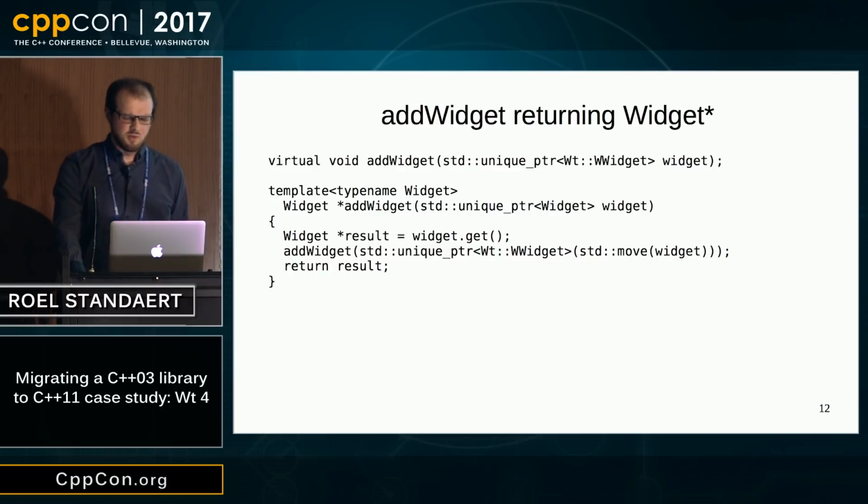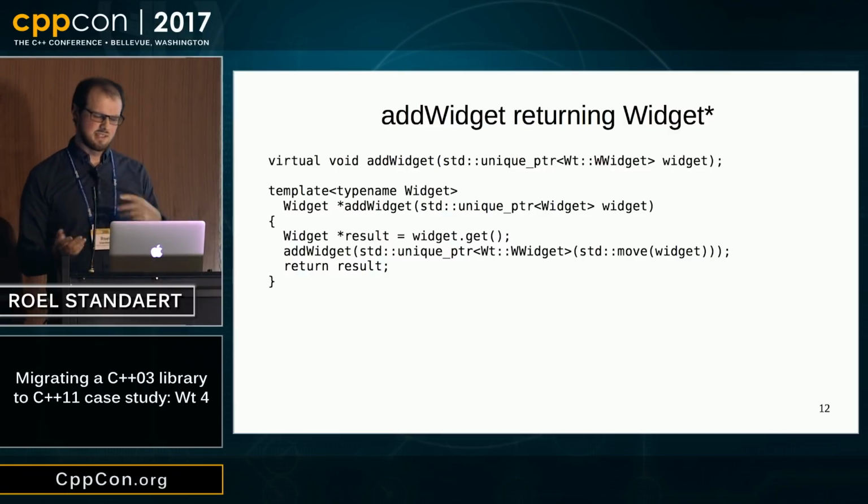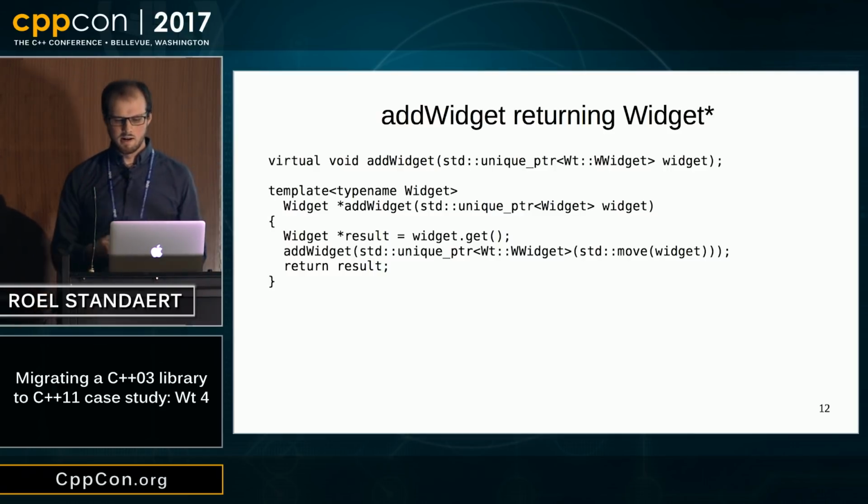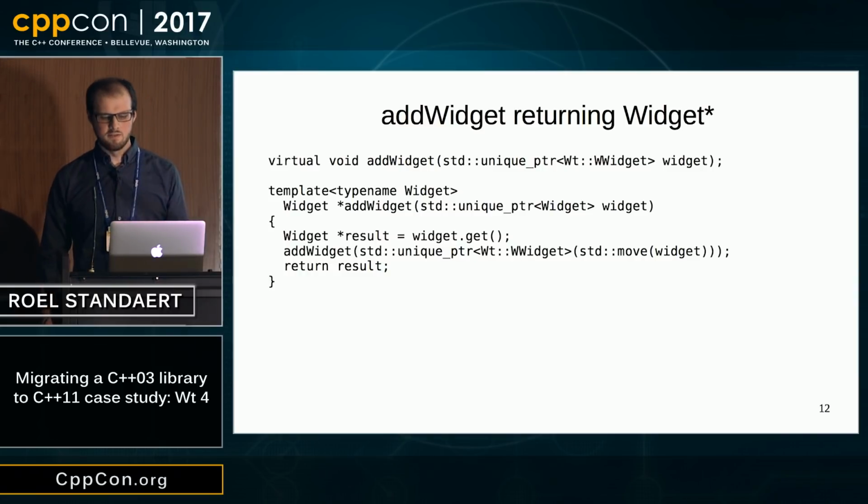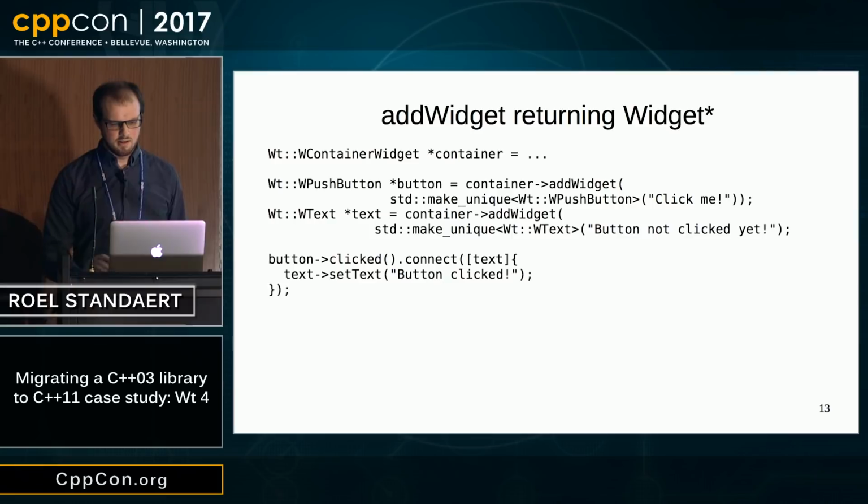Because it was quite a common pattern that we were adding these widgets to the widget tree but then still needed them, we ended up creating templated overloads where we could pass in a specific kind of widget, and it would move that widget but also keep a raw pointer and return that so that you can still use it. Then the example becomes a bit simpler.